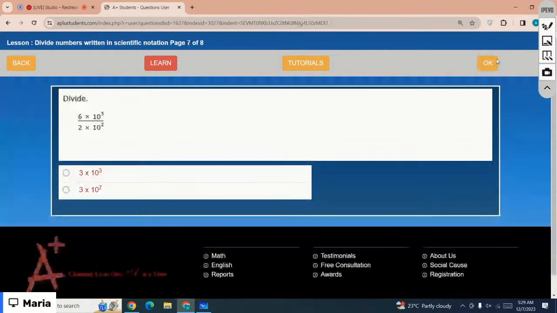Okay, divide 6 times 10 exponent 5 divided by 2 times 10 exponent 2, which is the correct option?